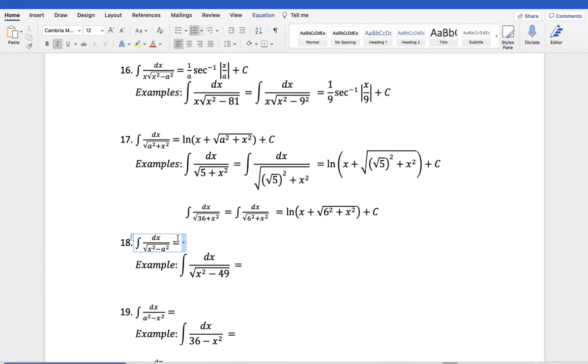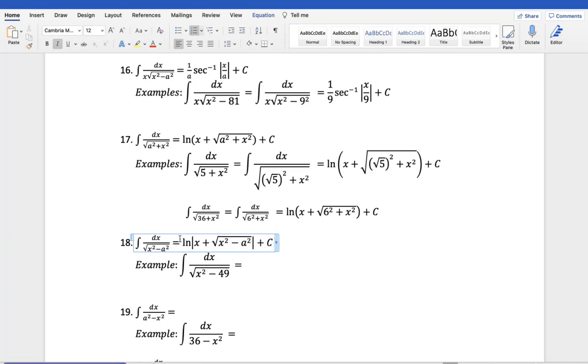For the integral of dx over the square root of x squared minus a squared, that integral has as a solution ln of the absolute value of x plus the square root of x squared minus a squared, plus a constant c.